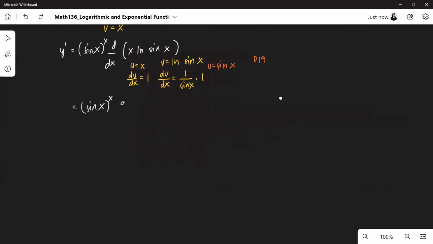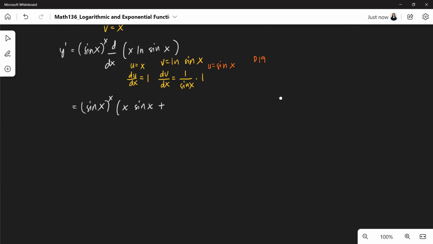So using the product rule, the derivative of x times ln of sine of x would be, you copy the first function, meaning u. So it's x multiplied by the derivative of the second function, meaning the derivative of ln of sine of x, which is 1 over sine x times 1, or that's basically sine x.